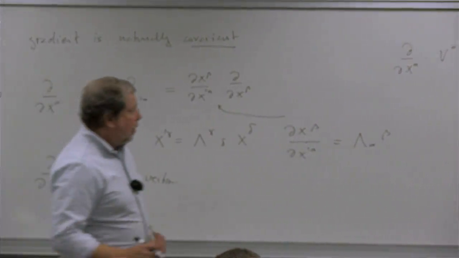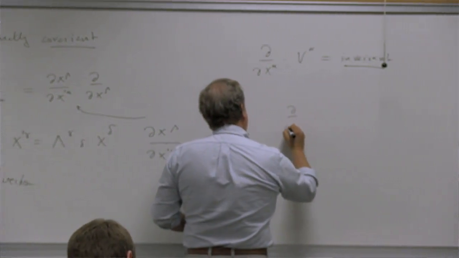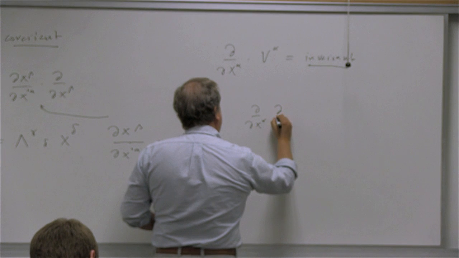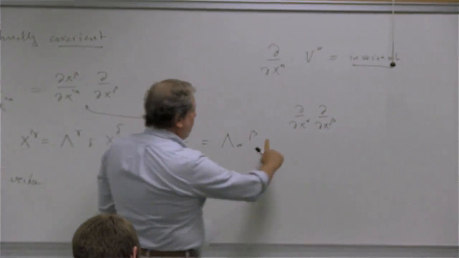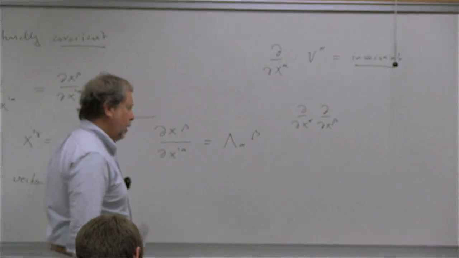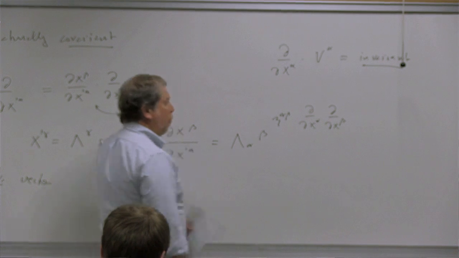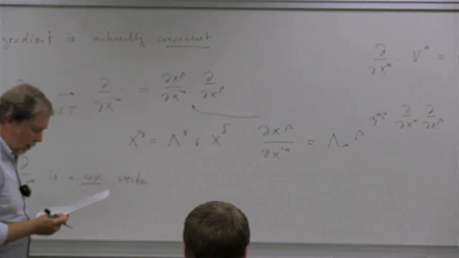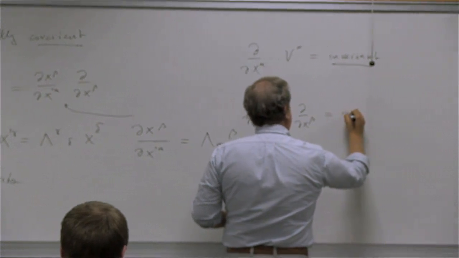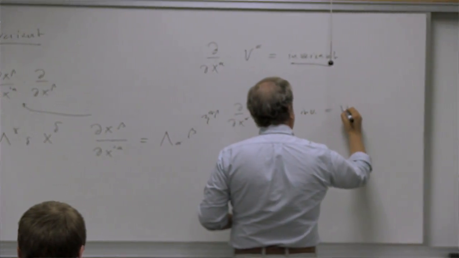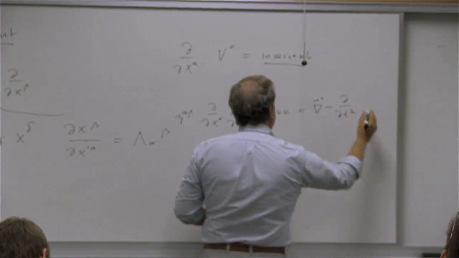So as a consequence, another object which is invariant is if you take d by dx alpha and d by dx beta, if you take this combination, which acts like it has both indices downstairs, and then you multiply this by eta alpha beta, which has both indices upstairs, then this is an invariant as well, and it is equal to the gradient squared minus d by dt squared.